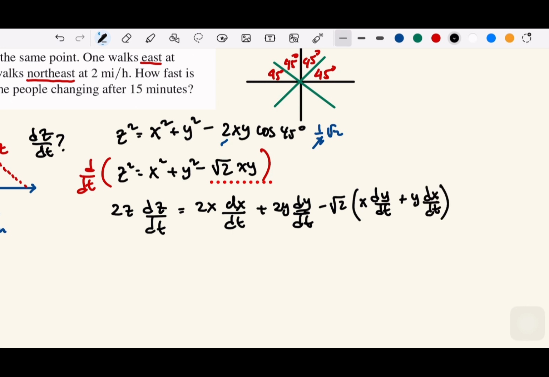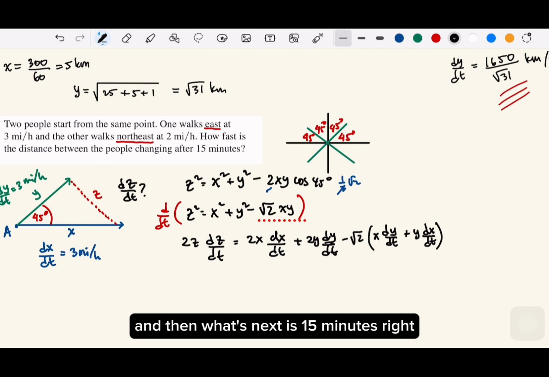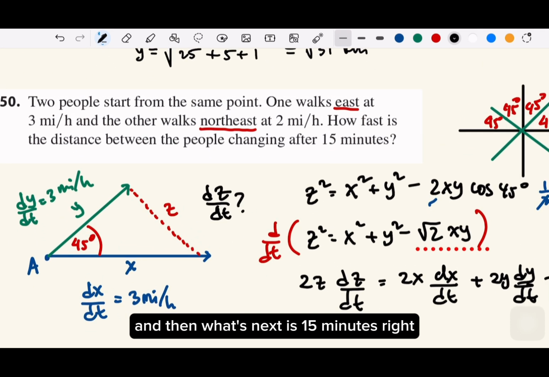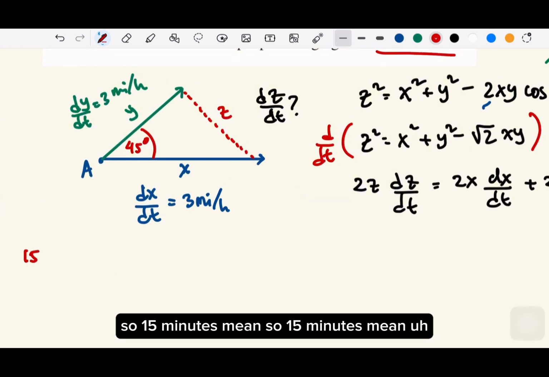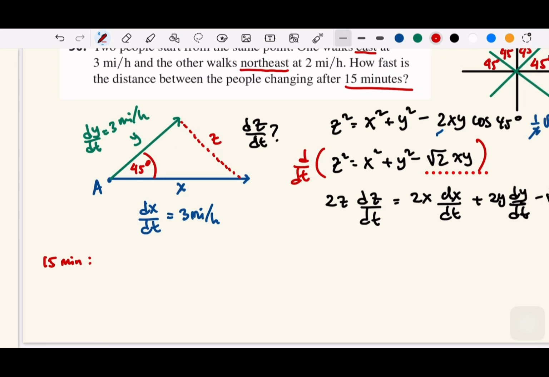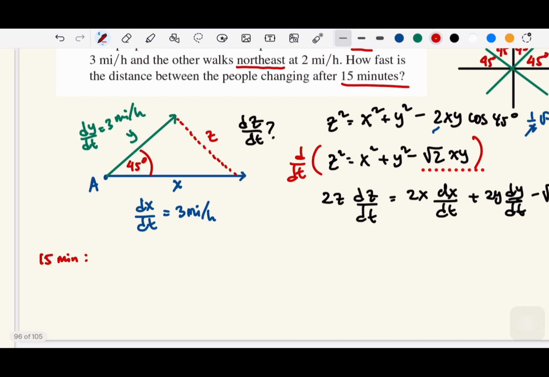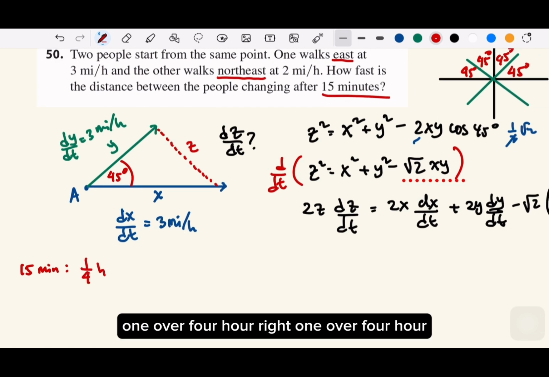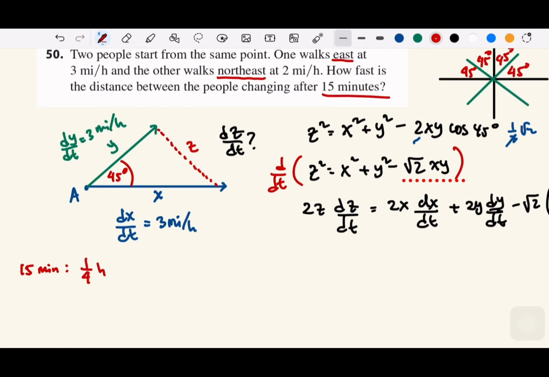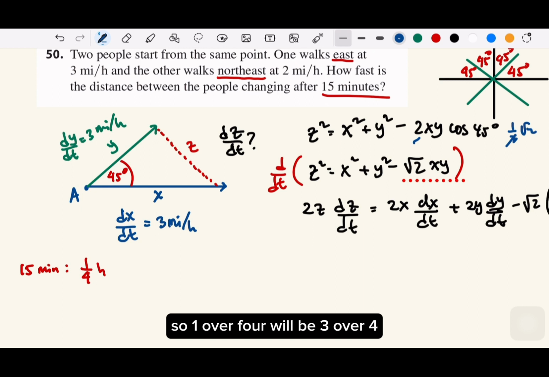Okay, so we have all these components, and then what's next is 15 minutes, right? So 15 minutes means 1/4 hour, right? 1/4 hour. So 1 hour is 3 miles, so 1/4 will be 3/4.